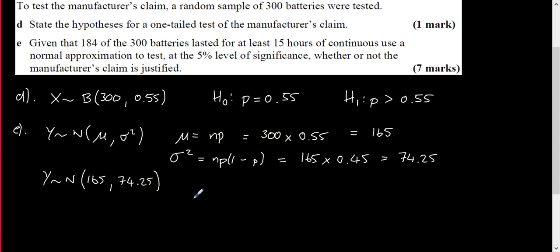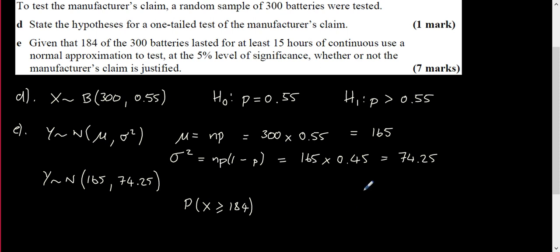So what we're actually testing is the probability that x from the binomial distribution is greater than or equal to 184, okay? So 184 out of the 300.